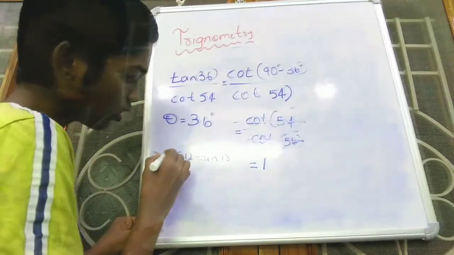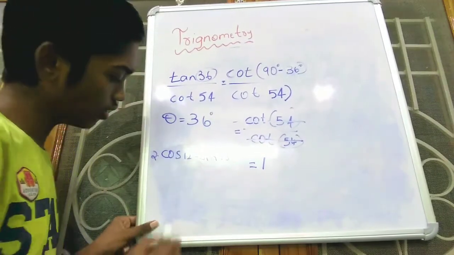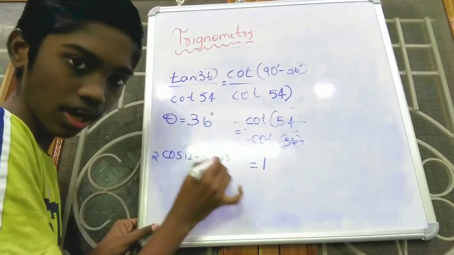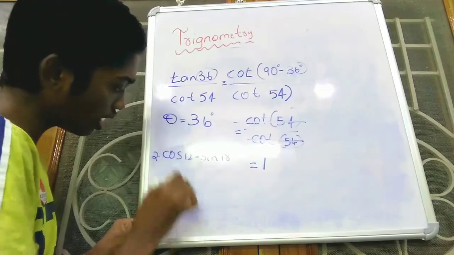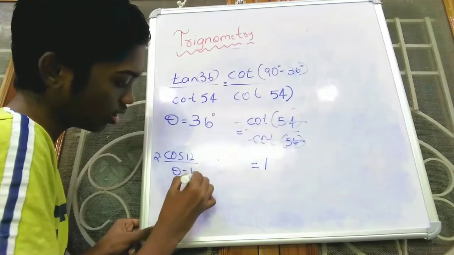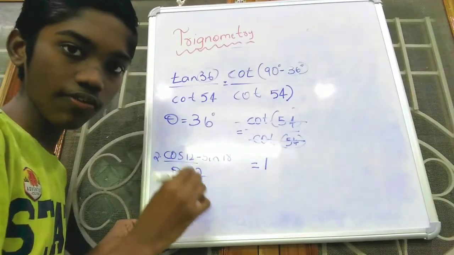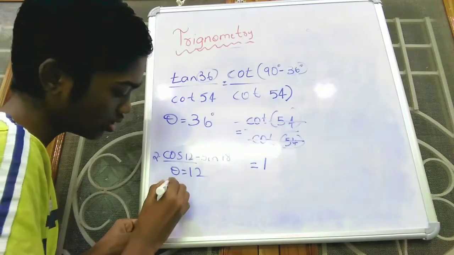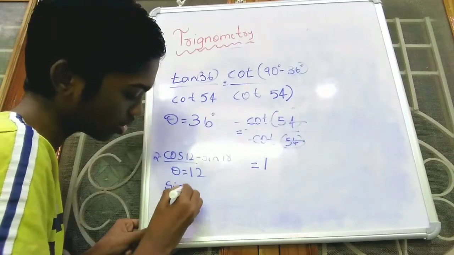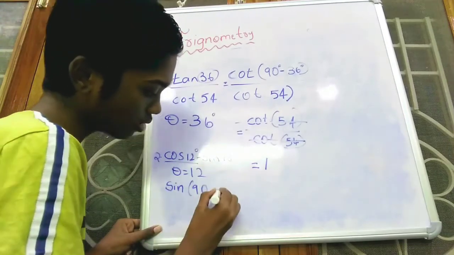It is very easy. Cos 12 degrees minus sin 78 degrees. So cos 12, any one we have to change, I had said you before. So I will change cos 12. Here theta equal to 12. Cos theta equal to sine of 90 minus theta. In the place of cos we will write sine of 90 minus, not theta, we have assumed theta as 12 degrees.